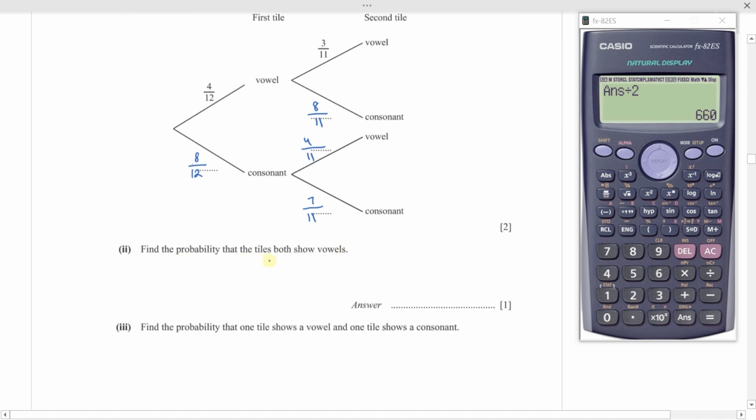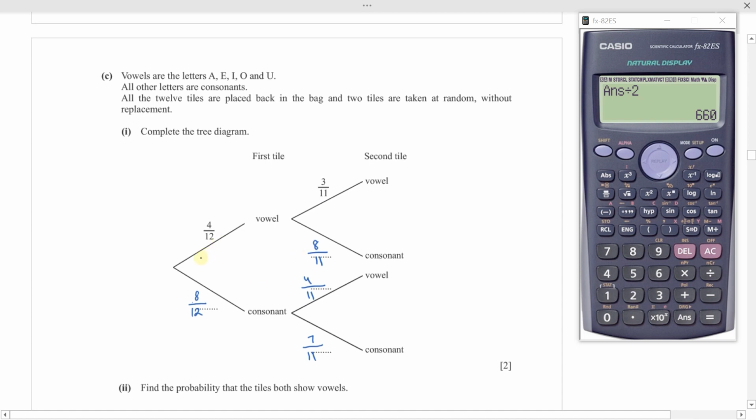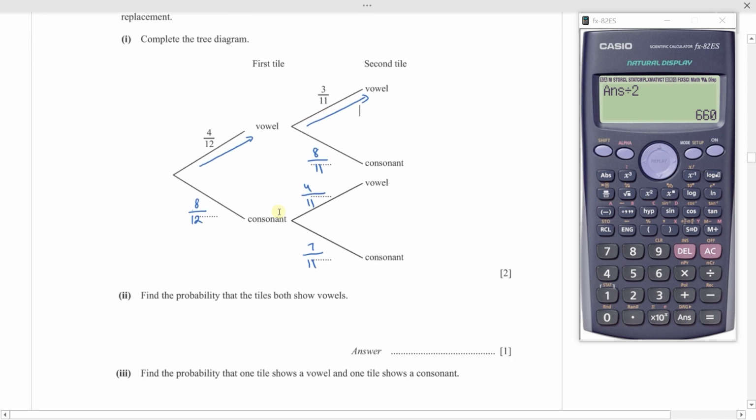Find the probability that the tiles both show vowels. So both show vowels means you go this branch and then this branch. So you get a vowel in the first tile and a vowel in the second tile. So that means you have to find the probability of getting a vowel and a vowel on the second try as well. So that is this 4 by 12 multiplied by this probability, which is 3 over 11.